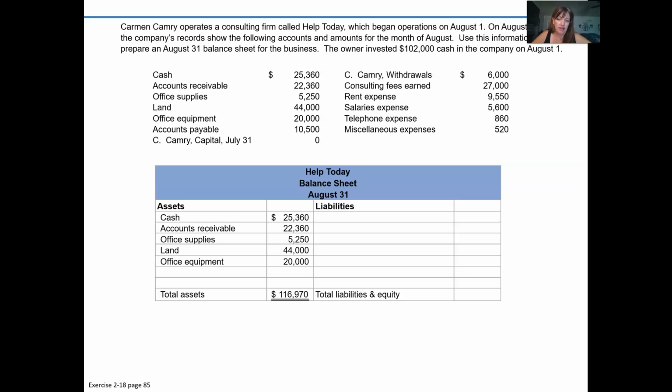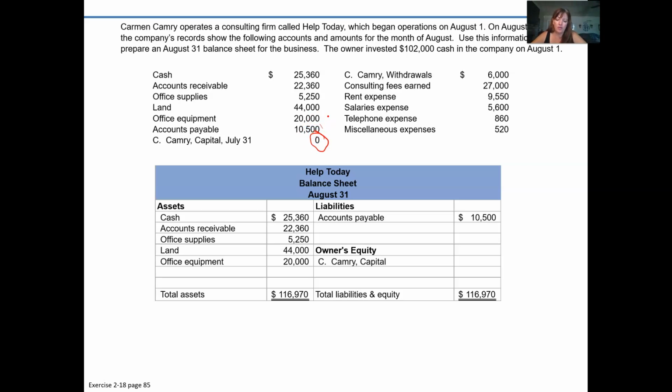Next, on the right-hand side, we're going to list what's in the right-hand side of the accounting equation, which are liabilities. And we have 1. We have accounts payable. Accounts payable is $10,500. And then we want to list our owner's capital account. Now you can see here that the capital account listed is 0.